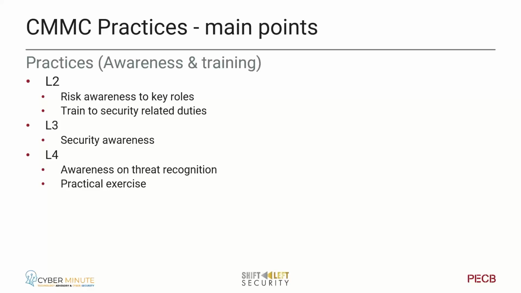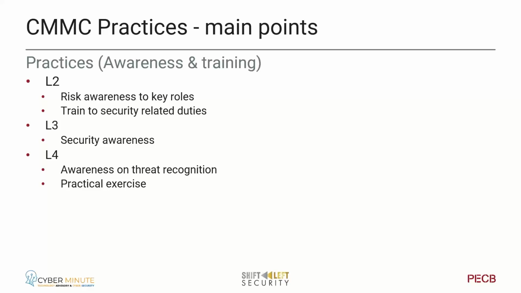And that we have on level 4 the awareness on recognizing and being able to respond to threats from social engineering or advanced persistent threat actors, like the Tesla engineer that was contacted by the Russian guy to install malware in the factory.